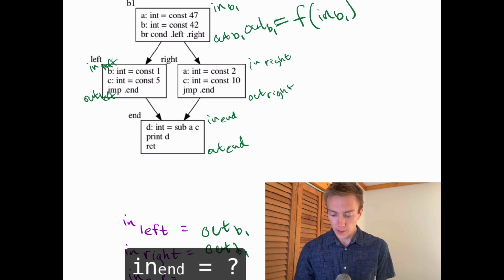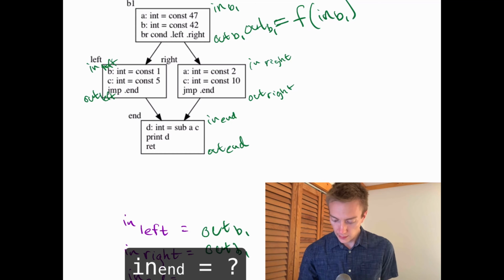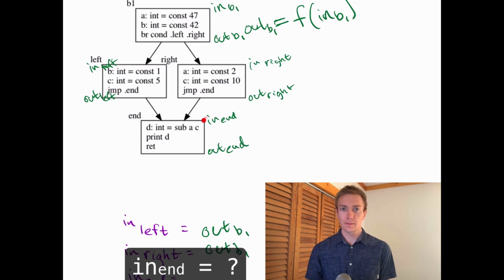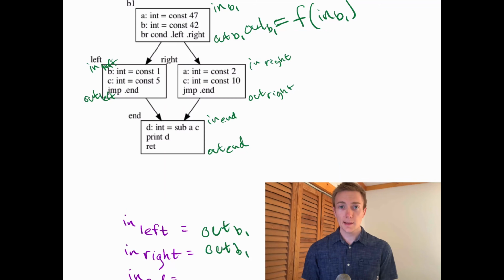So here's a somewhat harder question. What should the value for in end be? That is, what should I set up as the equation that gives the value, that is, what is true about the program at in end? That's a little bit trickier. There's going to need to be some sort of way of combining whatever was true at the end of the left and right basic blocks.